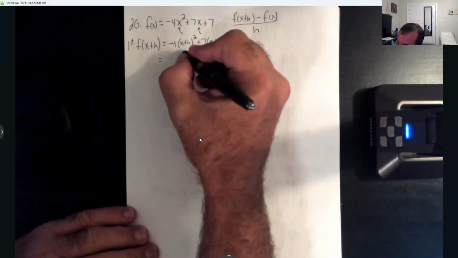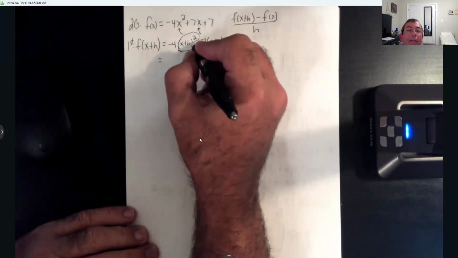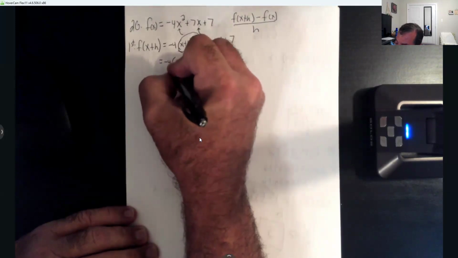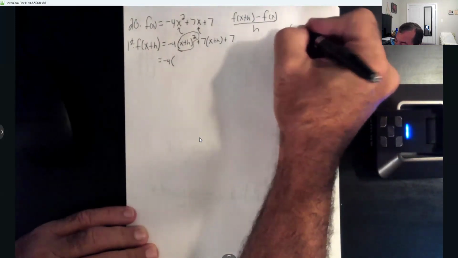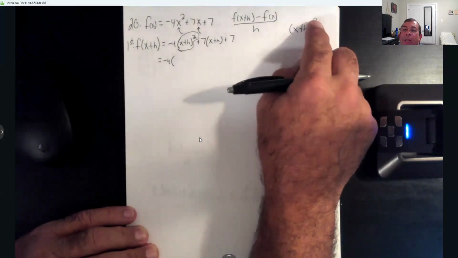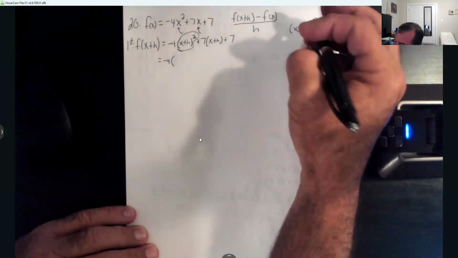All right, y'all. So the first thing we got to do is FOIL the x plus h squared out. So I'm going to bring down the negative 4. Now, if you remember, I'm not going to FOIL it all the way out, but we know what x plus h squared is. This is what I told y'all to save for all these problems.